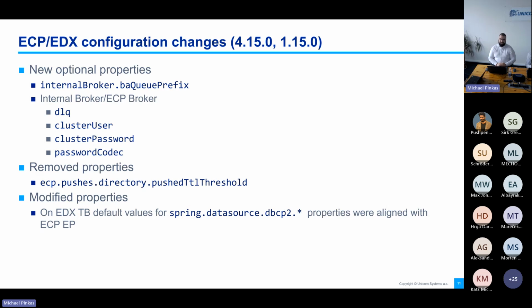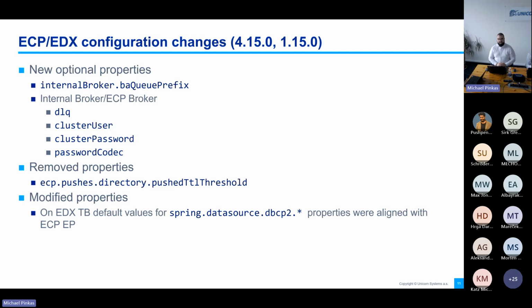There is one new optional property, and that is internal broker queue prefix. That one is available for both ECP and EDX, and it's basically an extension of the previous implementation of the queue prefix. This property can specify a different queue prefix for queues that are used by the business application.